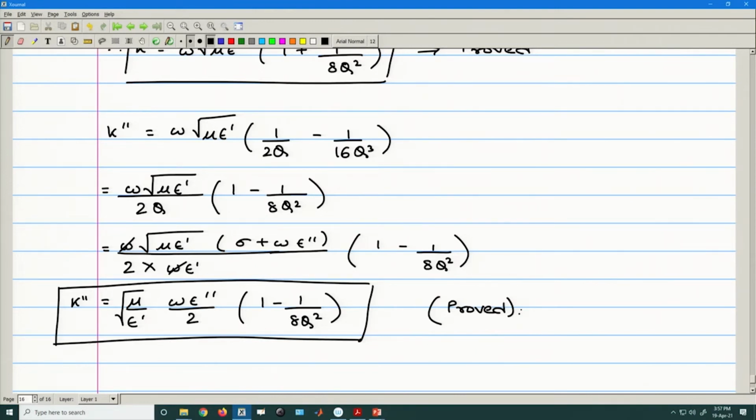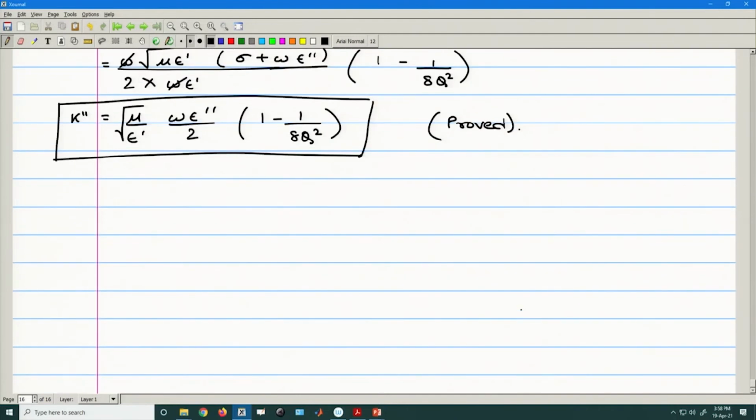Fine. Now for the resistance and the reactance. So first and second are done. For the third and fourth we will start with eta, and we know eta is given by root under of z cap upon y cap.